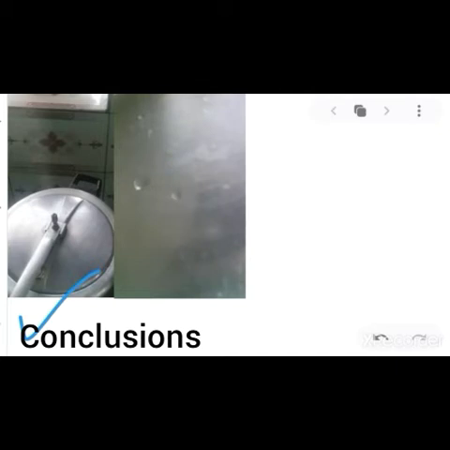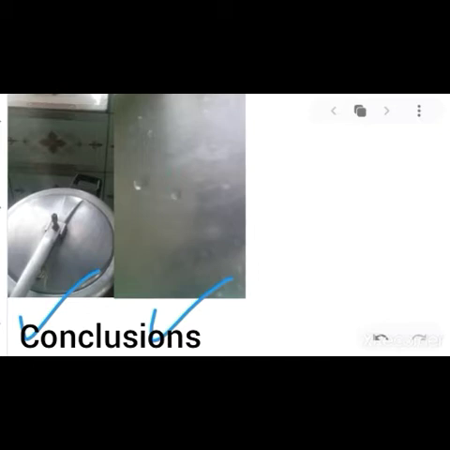See these water droplets on the surface of the lid, and this is the process of condensation.